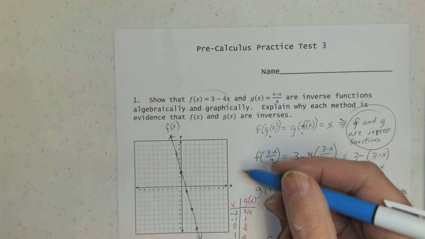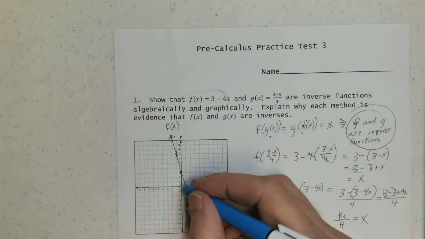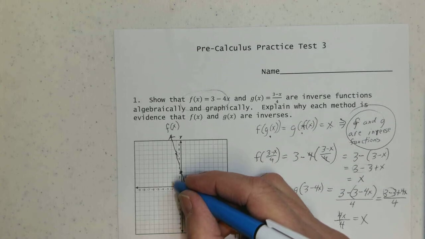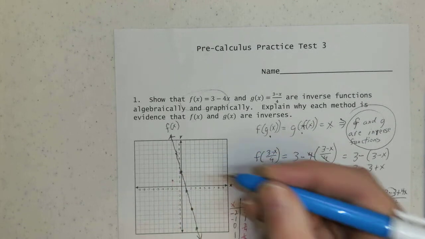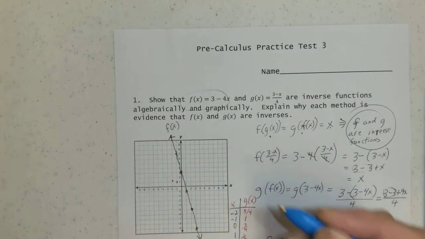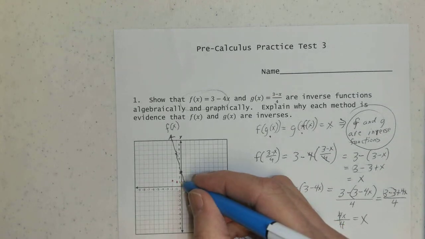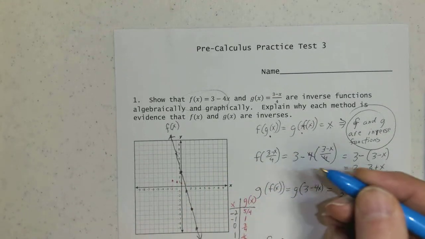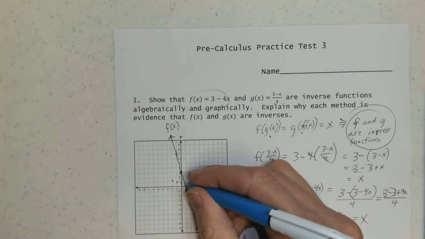So I've got negative 2, 5/4, which is 1 1/4. Negative 1, 1. I've got 0, 3/4, just right there. 1, 1/2.